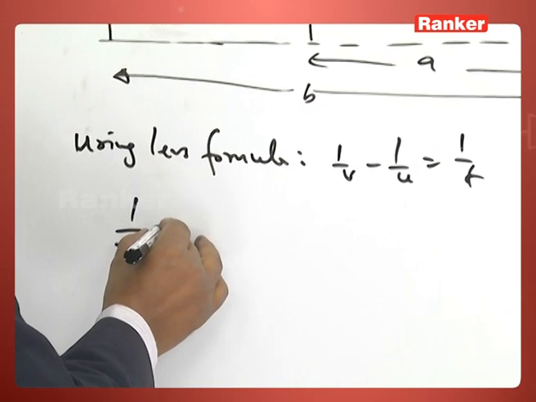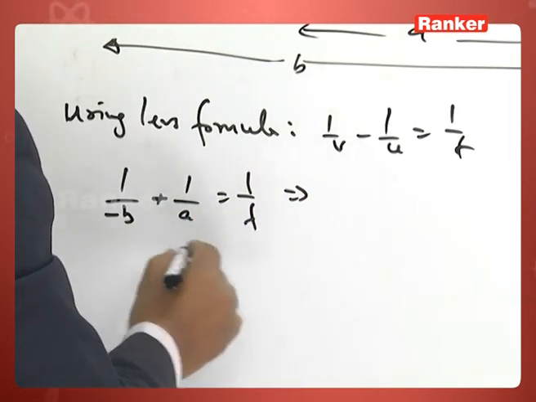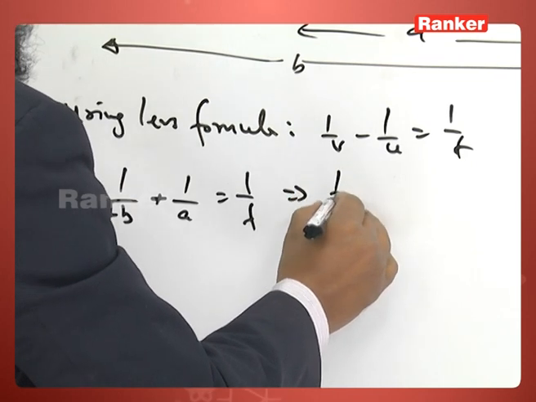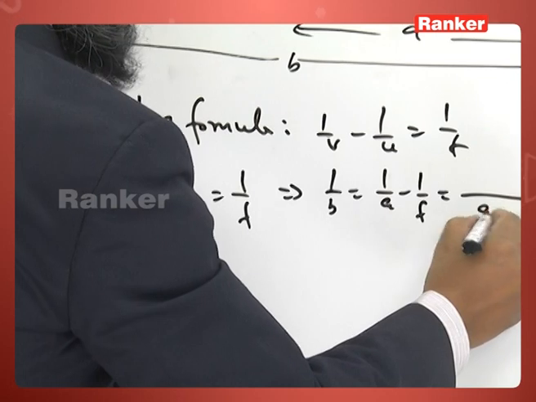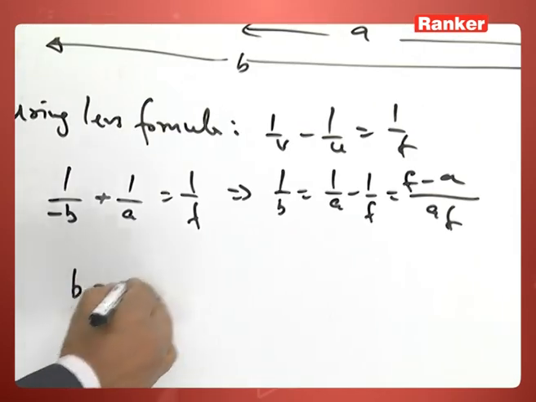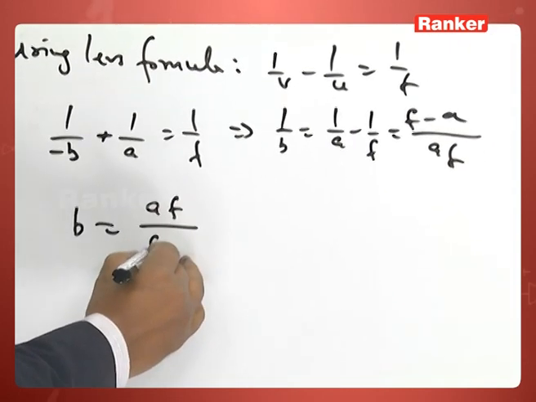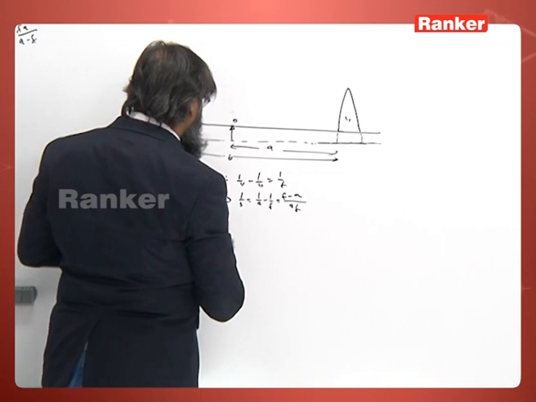U is again A, and F is F. So this implies 1 by B is 1 by A minus 1 by F, that is (F minus A) by AF. So we have B equal to AF by (F minus A). So we got this distance B.